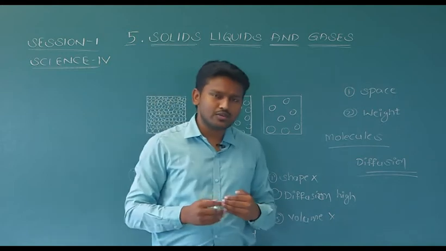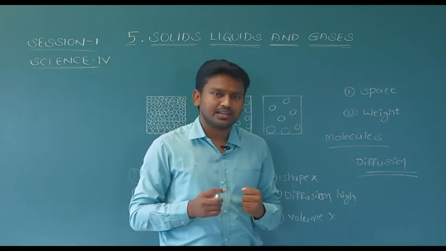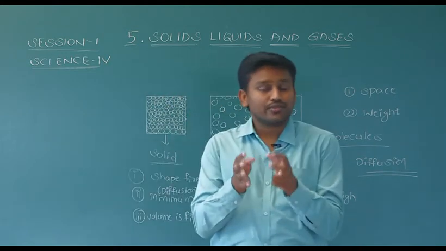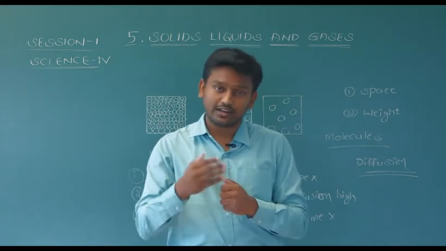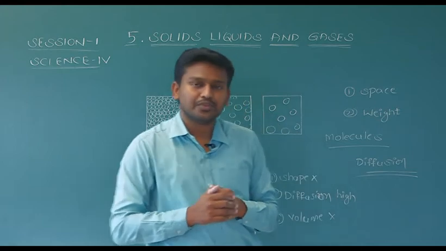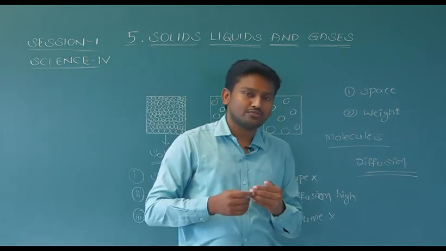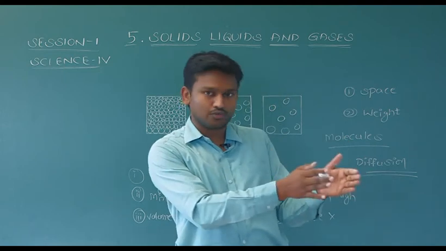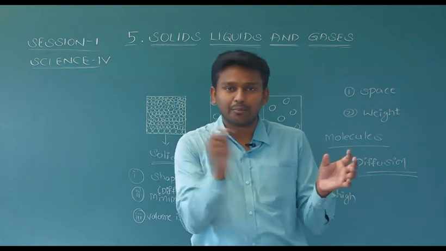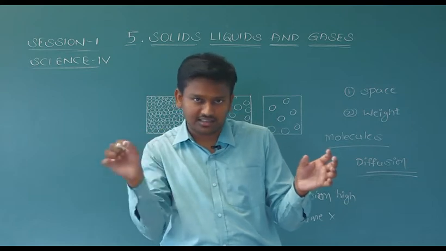We can prove this with a simple experiment. You can take 100 ml of water, any liquid, and then take different glasses. First, in one glass take 100 ml of water, and mark the 100 ml in all containers.